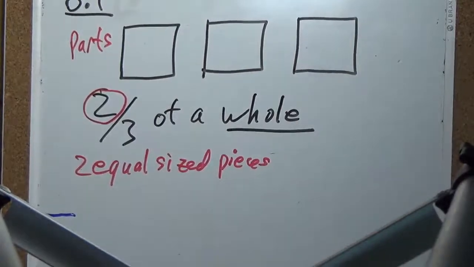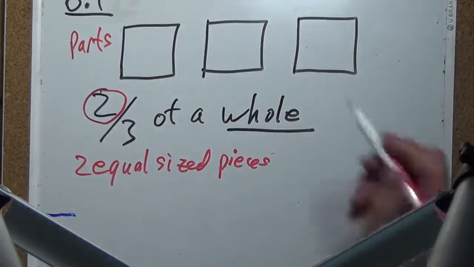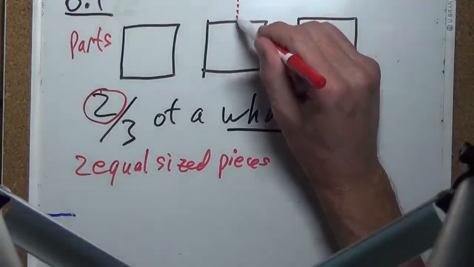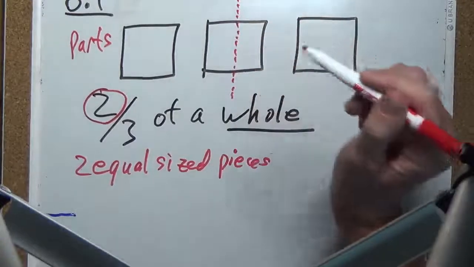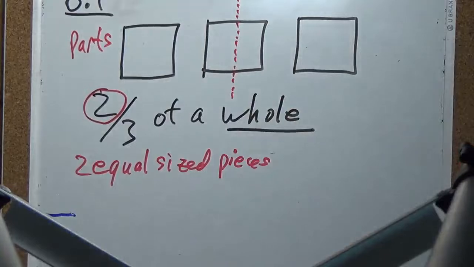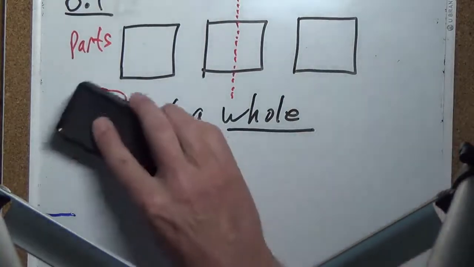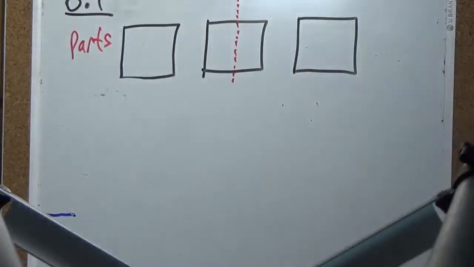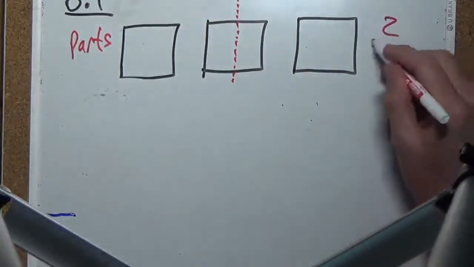So this is a different way of thinking. It's not so much a denominator problem now as a numerator problem. So I have to split these into 2 equal sized pieces, and that's not too bad because I just cut them in half. Now, what does the whole look like? Remember, this represents 2/3.